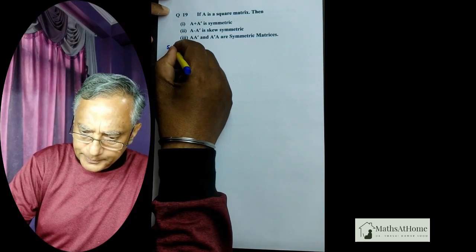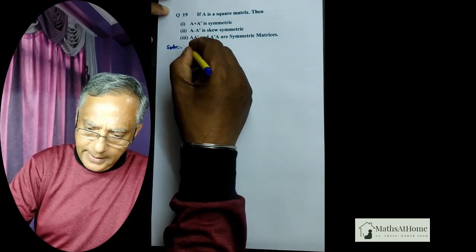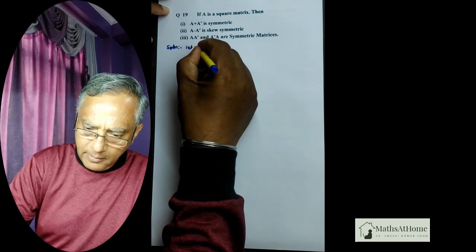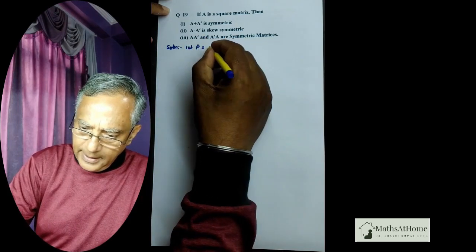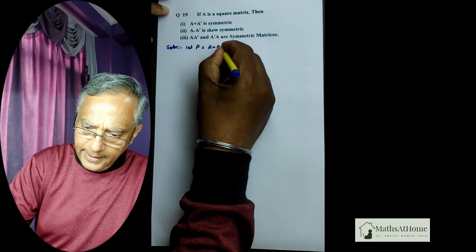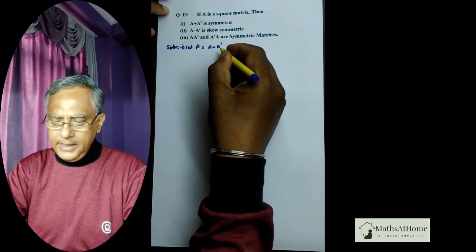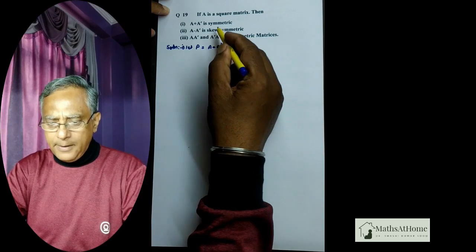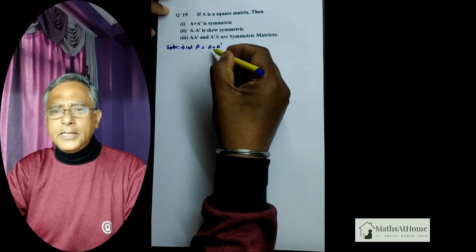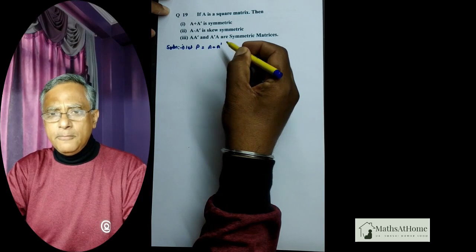So first part of the question is, let P be equal to A plus A dash. Now we have to prove that P is symmetric. That is, P dash must be equal to P.